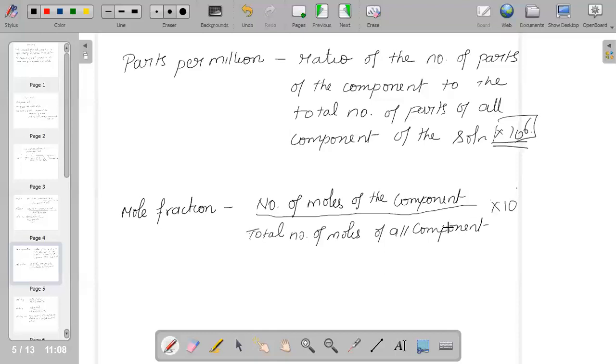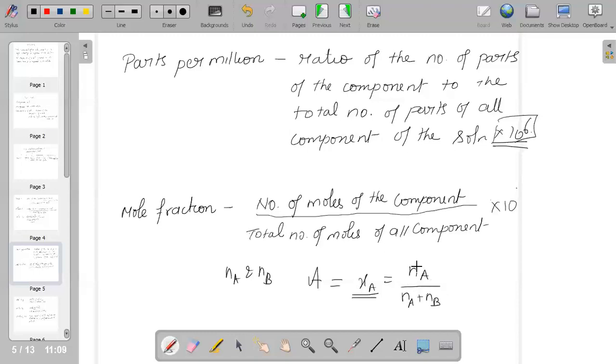For example, for a binary mixture with Na and Nb moles, the mole fraction of A is X of A equal to Na by Na plus Nb.